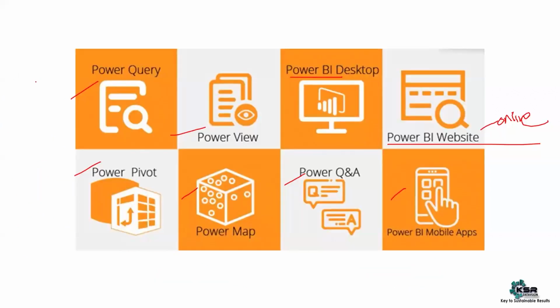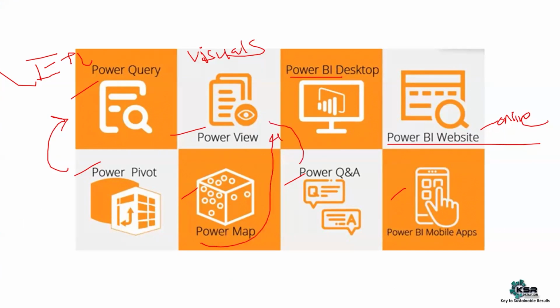As I've said, Power BI Desktop is a combination of multiple components. Power Query is nothing but your ETL component here. Power View is where the visuals are created. We will be discussing all these components in detail. Power Pivot is part and parcel of Power Query only. Power Map is part and parcel of Power View only.